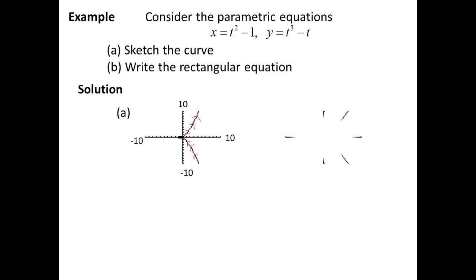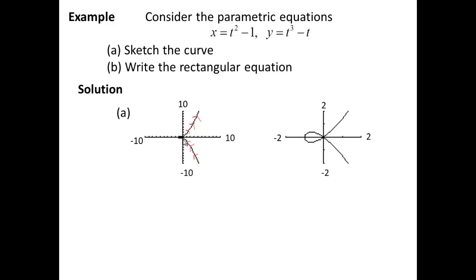So when I regraph it with a smaller viewing window, my x-axis is from -2 to +2, and my y-axis from -2 to +2. And I kept the t values the same: t min -5, t max of 5, and a t step of 0.1.